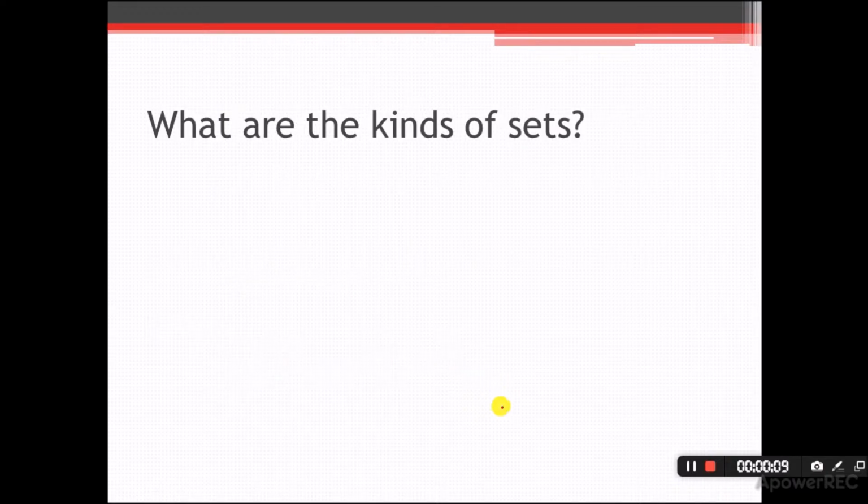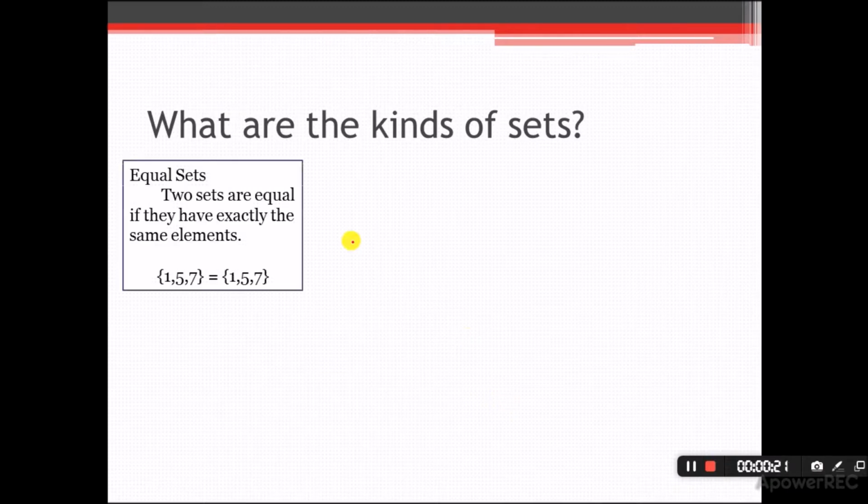There are kinds of sets. What are those kinds of sets? If we have two different methods of writing a set, there are also kinds of sets. The first one is equal sets. Two sets are equal if they have exactly the same elements. They have the same names and the same number of elements in the set.